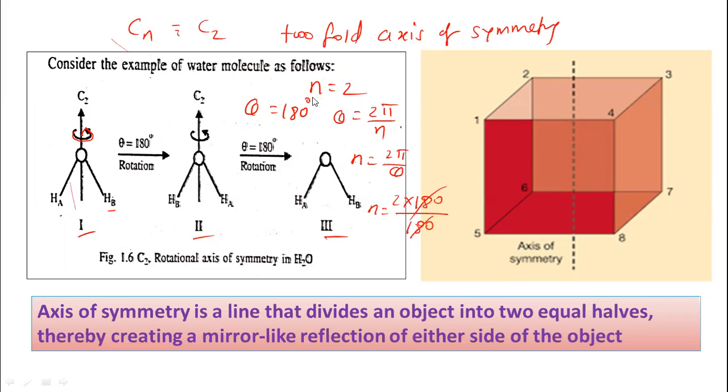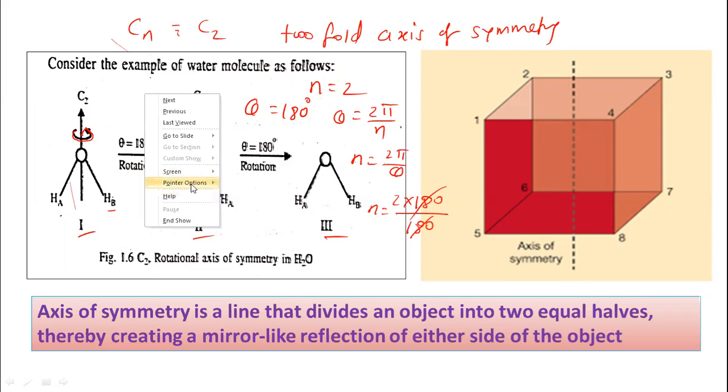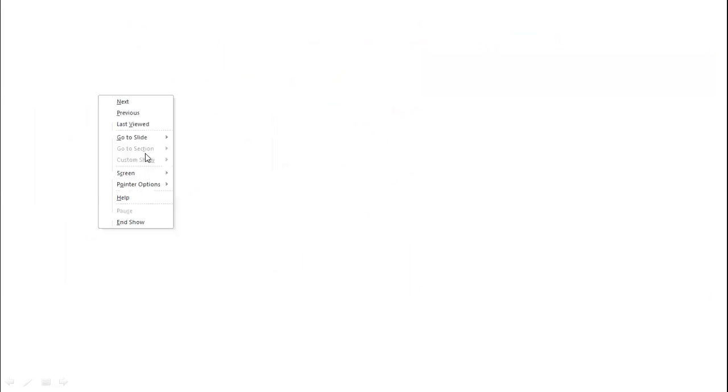Equivalent means not identical, but an indistinguishable orientation of the molecule. Then that molecule has a proper rotational axis. Let us take another example to explain this proper rotational axis.